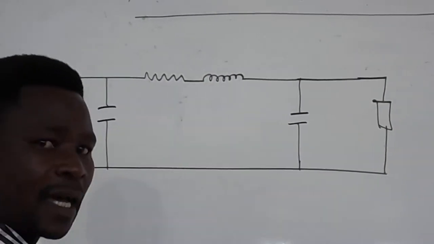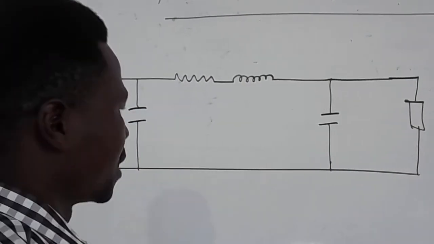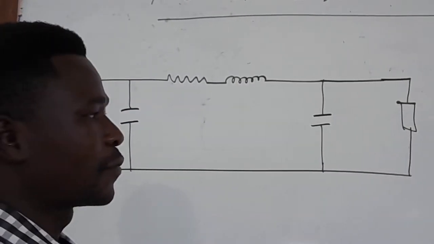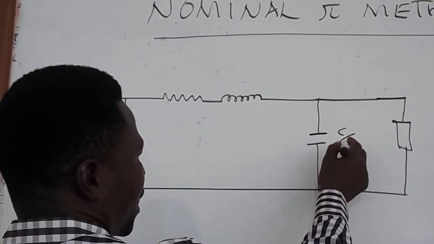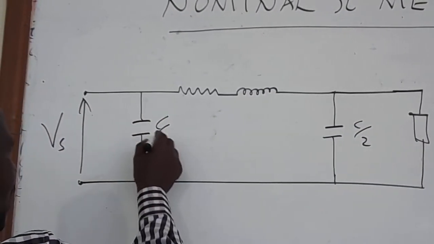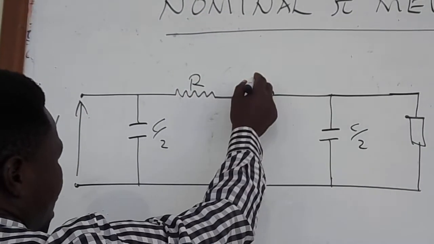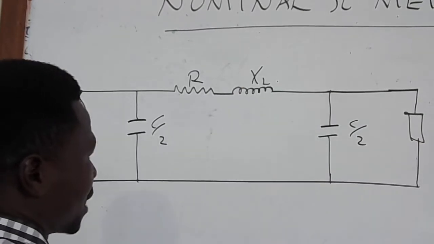Just as I have said, the capacitance of the line is divided into two, so you can see that one half is at the receiving end and the other half is at the sending end. We also have resistance and the inductive reactance.